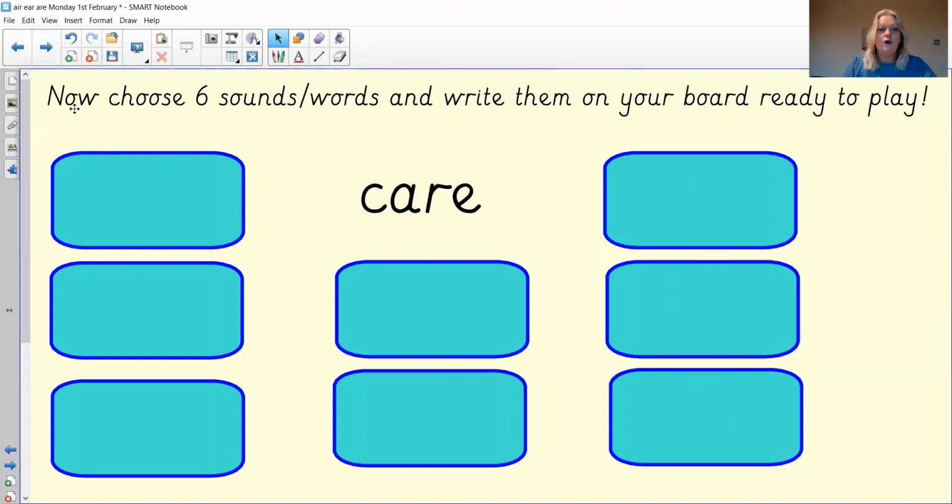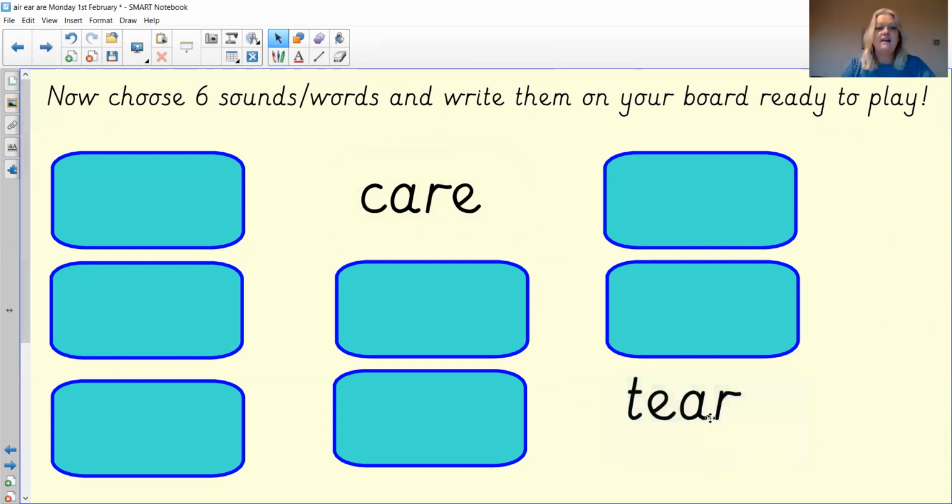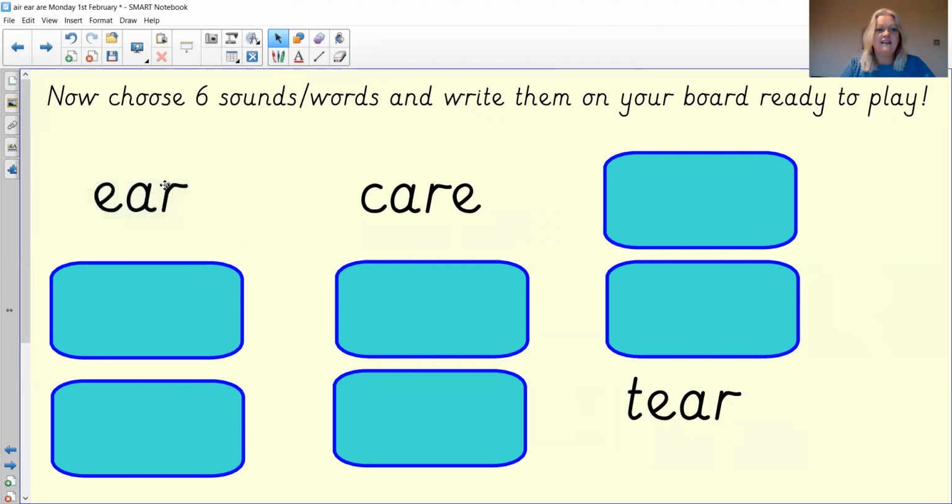Have you got tear? Rip a bit of paper up, tear. Have you got air? Remember, it's not the ear. I just went to do my ear because I'm so used to that being ear. This one is air today.